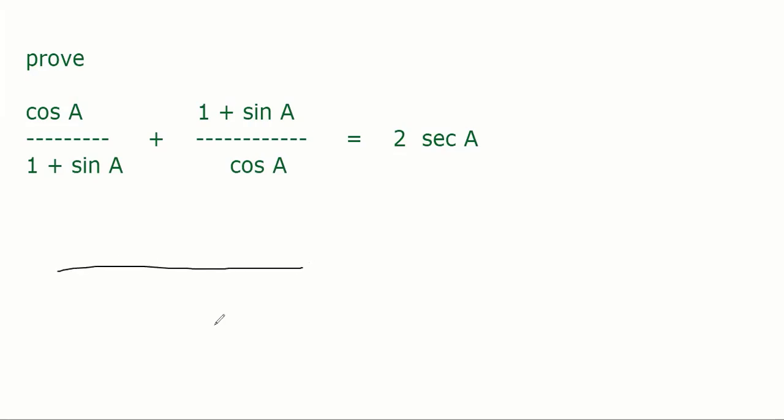We'll solve by taking the addition of these two fractions. Addition of fraction पता है? LCM लेके, तो इसका LCM आया cos A into 1 plus sin A. We can rationalize also, but बाद में कर सकते हो. एक ऐसा कर सकते हैं हम लोग. One option is this.